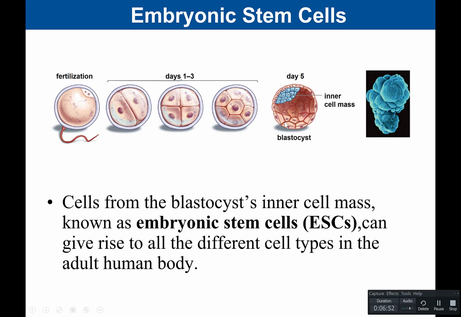These outer cells here will give rise to extra embryonic tissues, so placenta, amniotic sac, for example, other structures that help support the embryo, but the embryo themselves come from these inner cell mass cells. And these inner cell mass cells can be the source of embryonic stem cells, meaning that those cells still have the potential to become any cell type in the adult body.